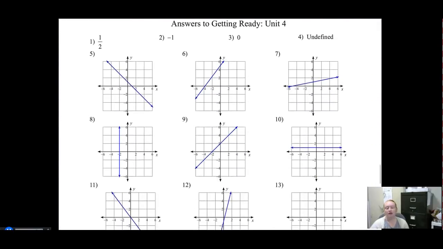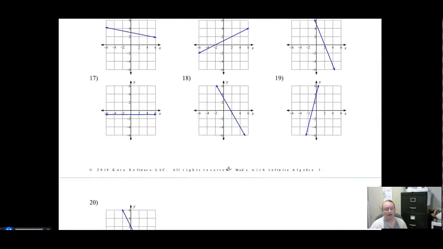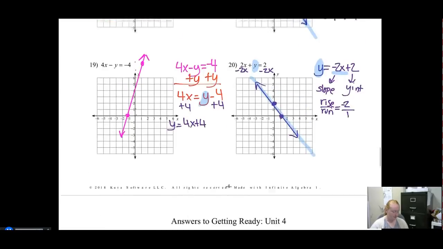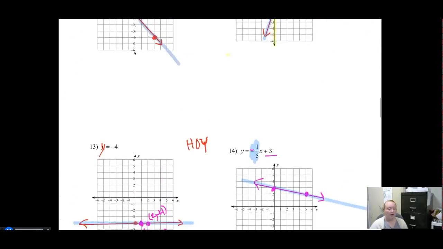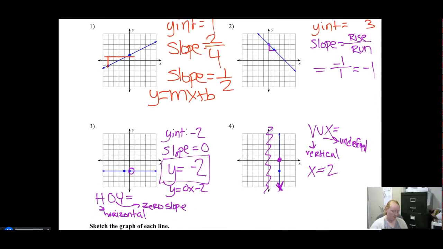The answers are located on the back. I need you to double check with them. I may have done something wrong. I also would like for you to go through, and on problems 1, 2, 3, and 4, I would like for you to put it in y equals mx plus b form, now that we've gone all the way through.